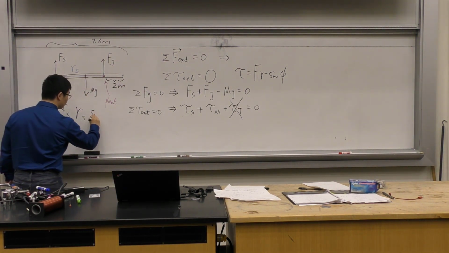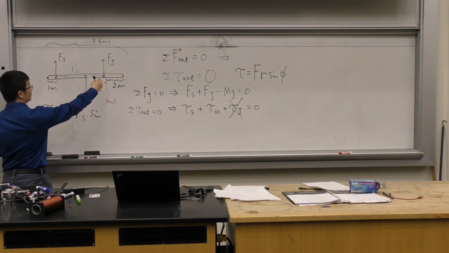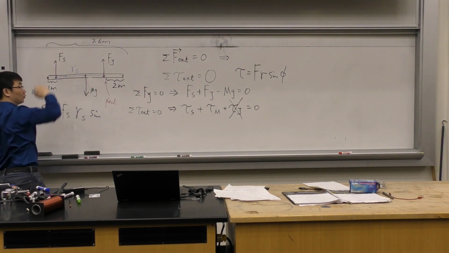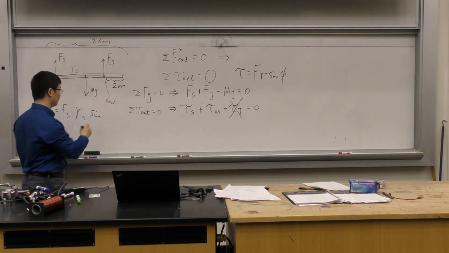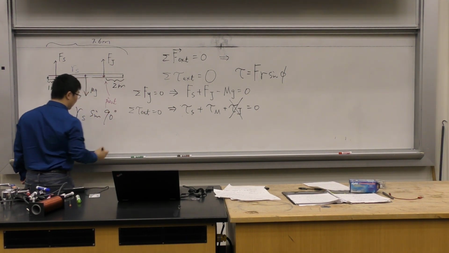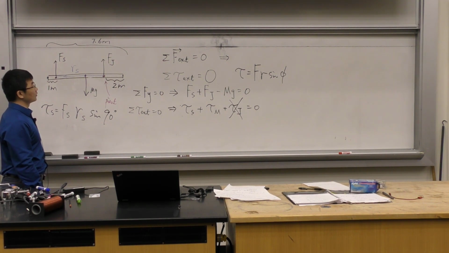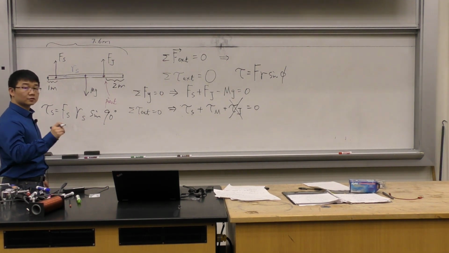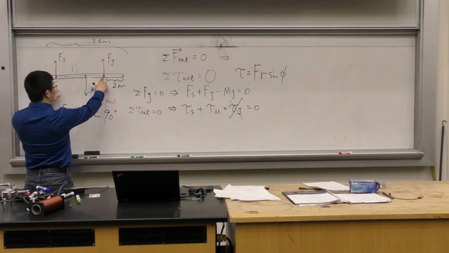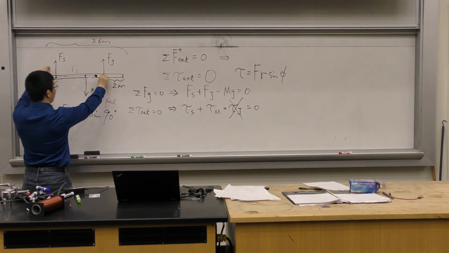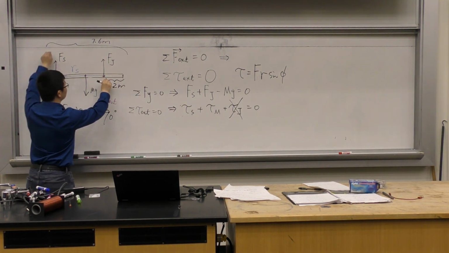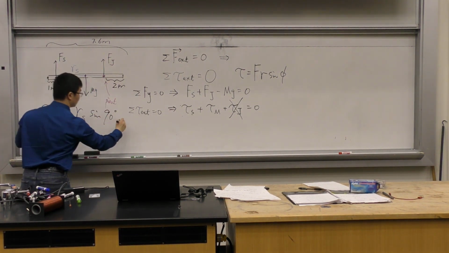And then what is this angle? This is the arm, this is the force. What is the angle between them? 90. Okay, is this torque rotating this object clockwise or counterclockwise? First, where's the pivot? This is the pivot. This force up is going to rotate it clockwise. So this is going to be negative.